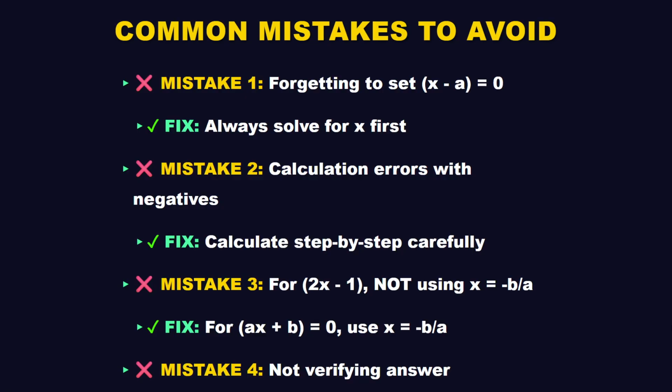Because, for example, minus 1 by 2 whole to the power 3 is minus 1 by 8. Generally, students forget that minus sign. A negative number to the power of an odd number is always negative. Now, for 2x minus 1, not using x equals minus b by a can result in a mistake. Not verifying the answer can also result in an error.